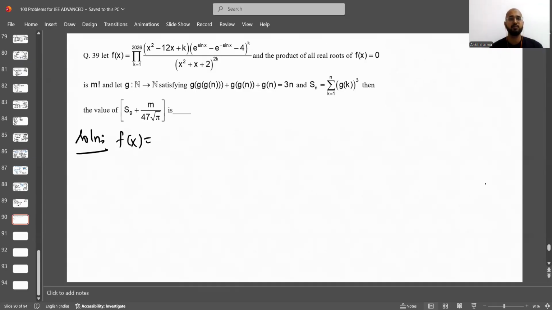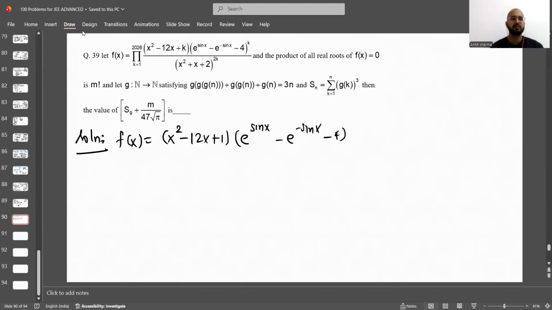So f of x would be simply, if I plug in k equal to 1, x² minus 12x plus 1 into e to the power sine x minus e to the power minus sine x minus 4. This is the product here. Anyway, we are writing f of x equal to 0.